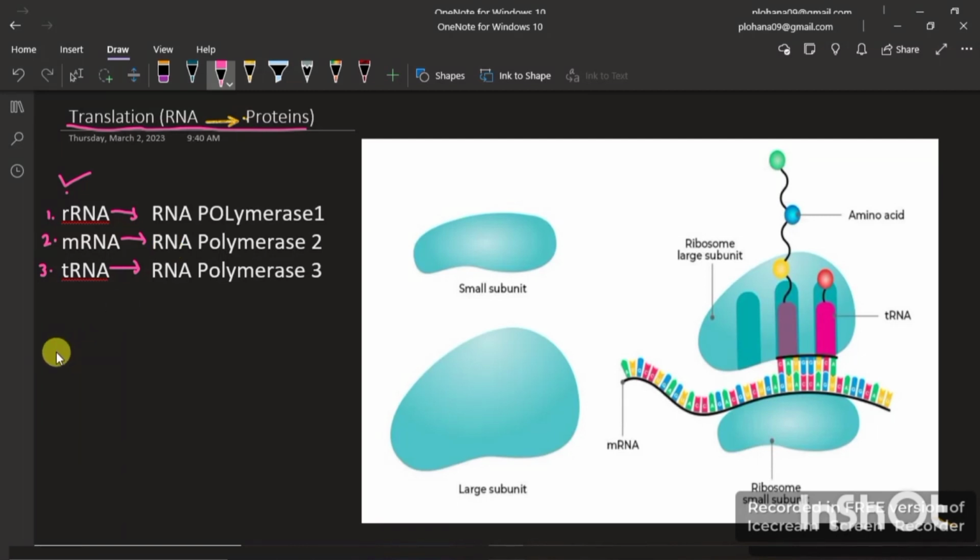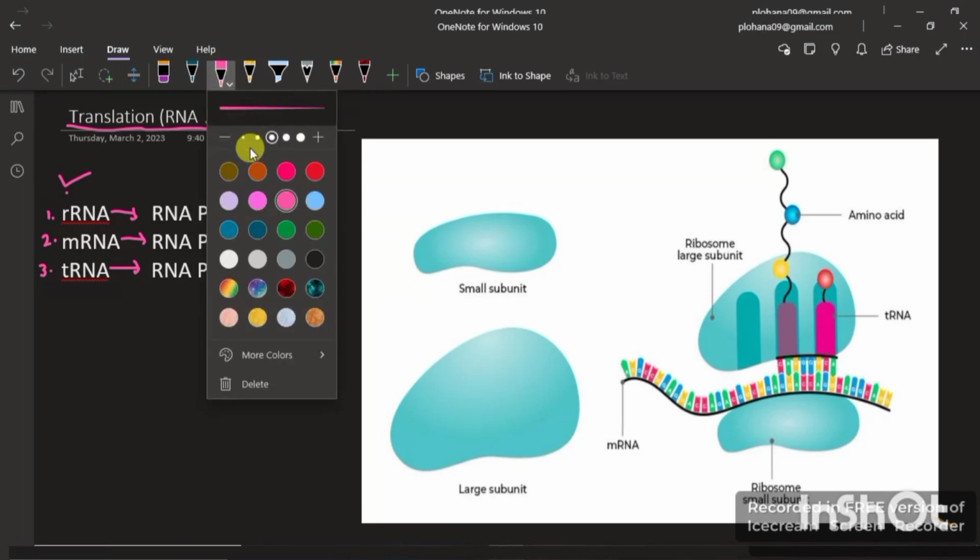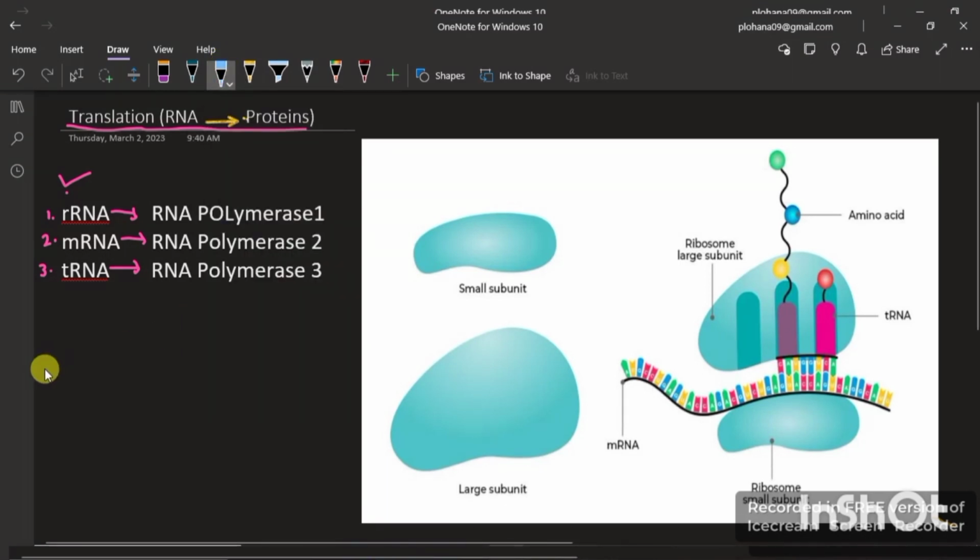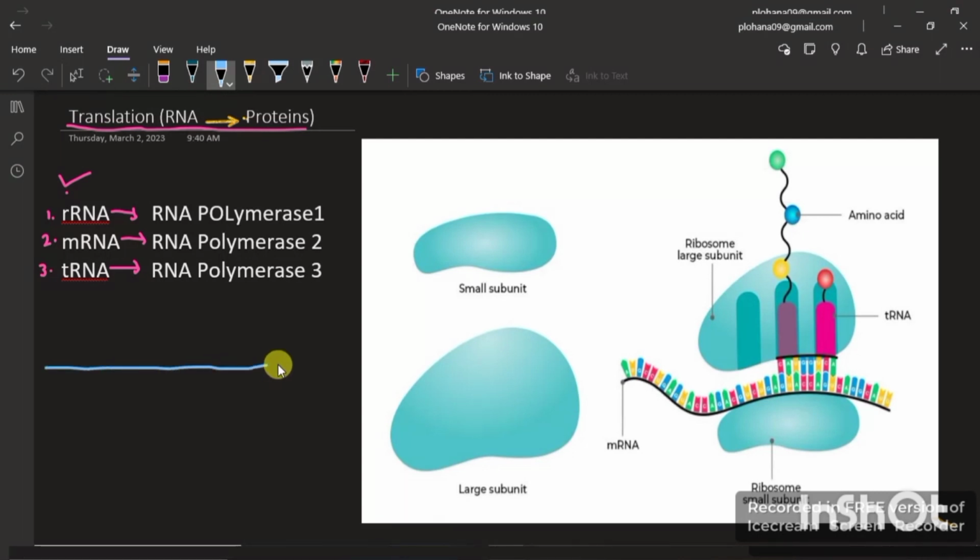So here I am making the structure again. Let me change the color. Basically, this is my mRNA. Here I am making the cap. With what did we make this cap?